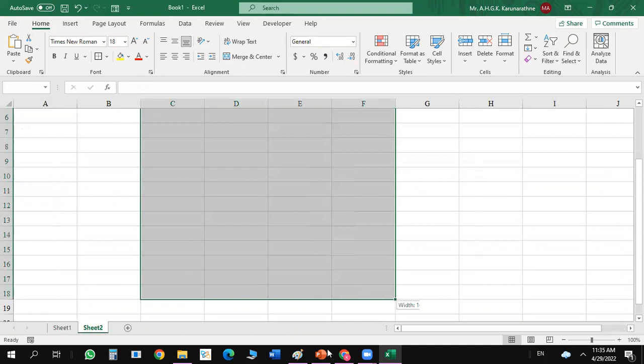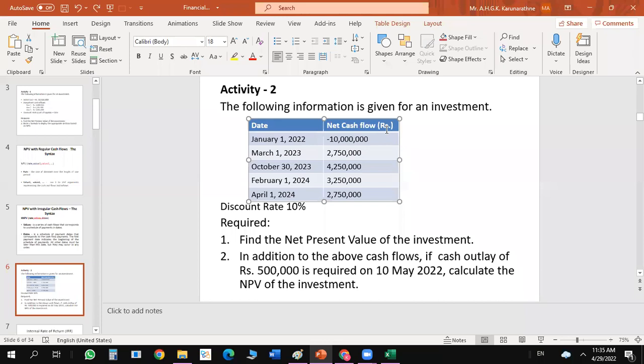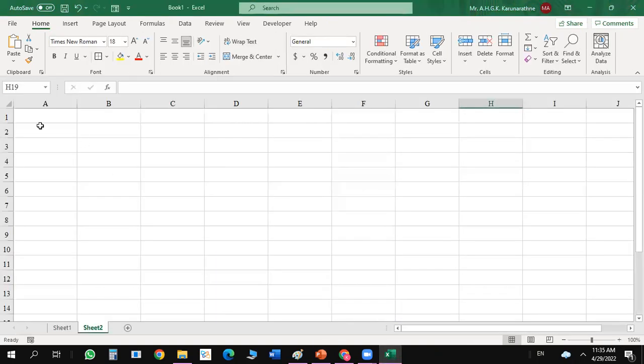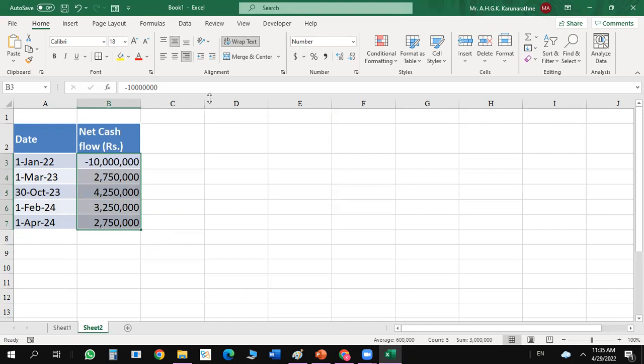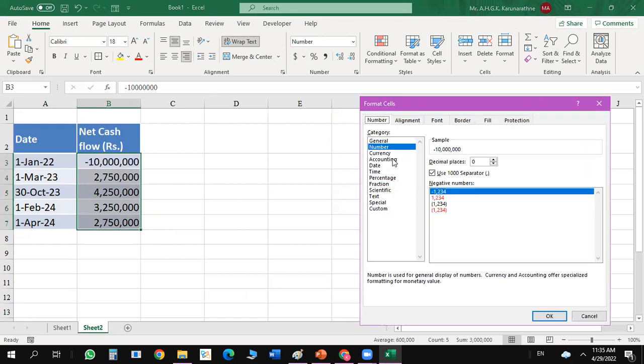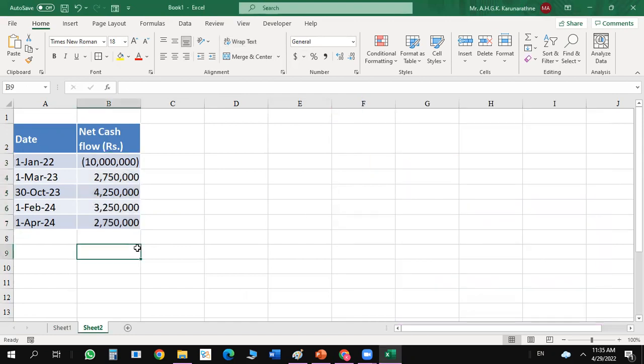We'll take the figures from the sum here. Okay, then we'll take format control 1. Okay, correct.